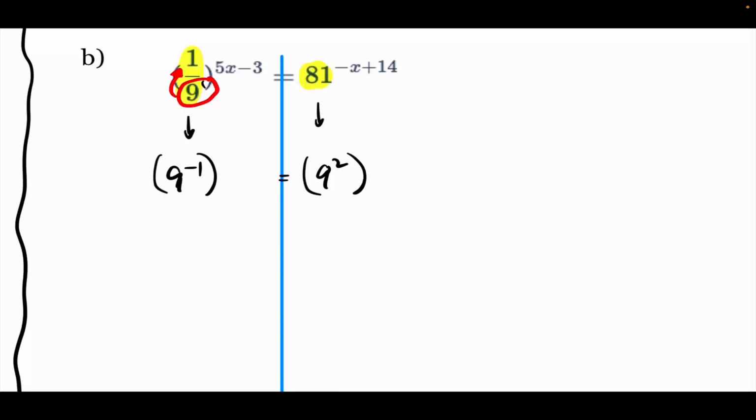Move everything else down. This guy also has a 5x minus 3. This guy also has a -x plus 14. Distribute. -5x plus 3. -2x plus 28.